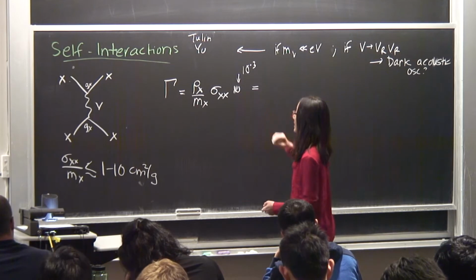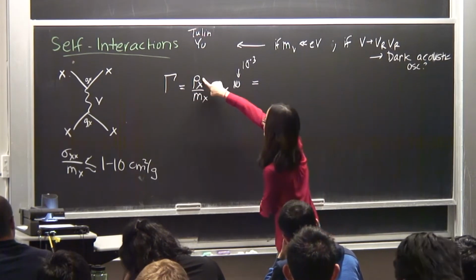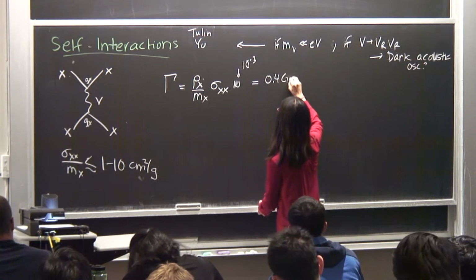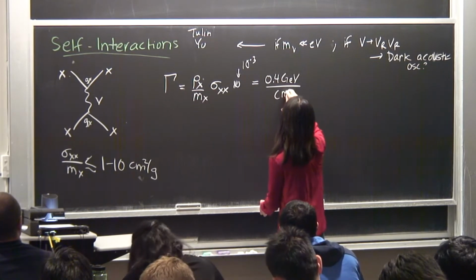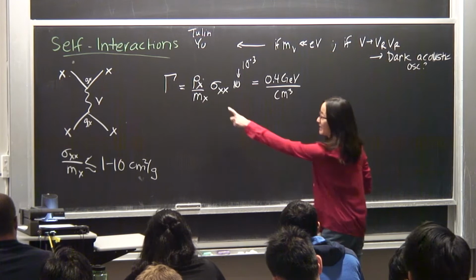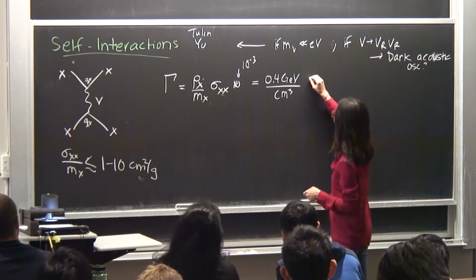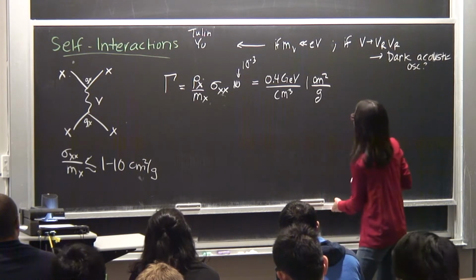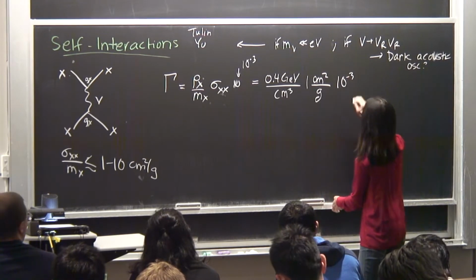And we know that the energy density locally in the Milky Way is about 0.4 GeV per centimeter cubed. We replace this with the constraint. I'll just put 1 and 10 to the minus 3.